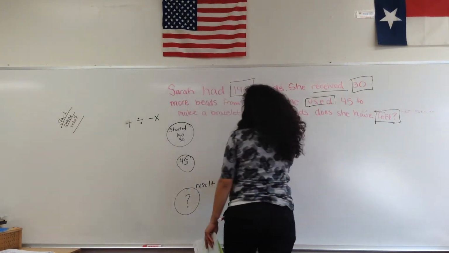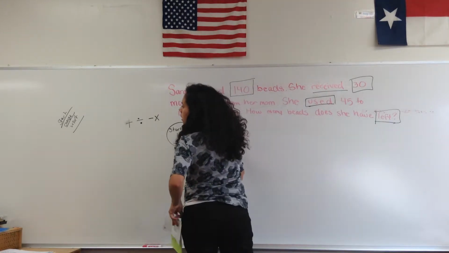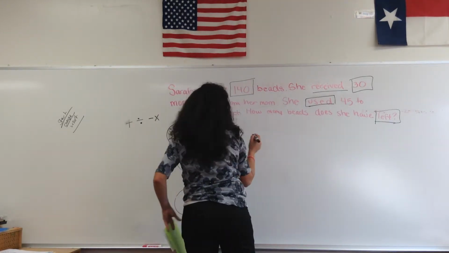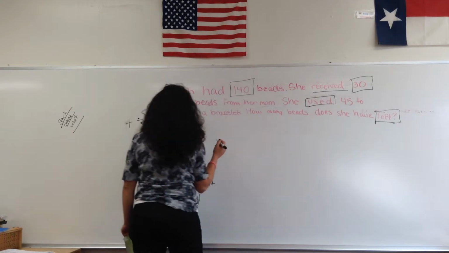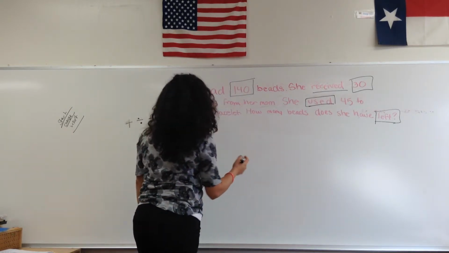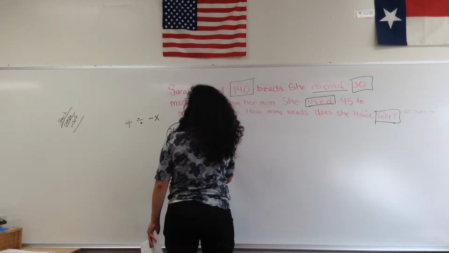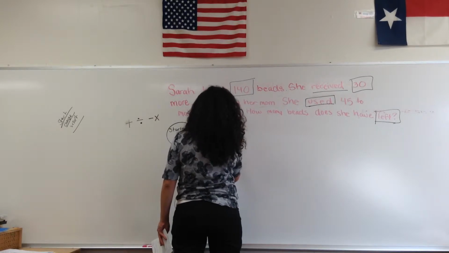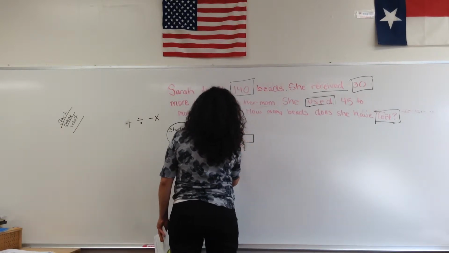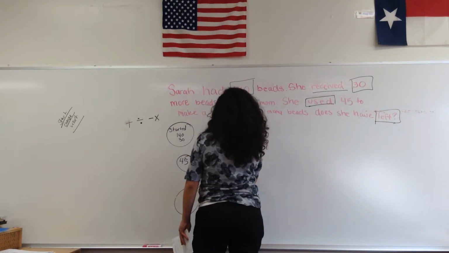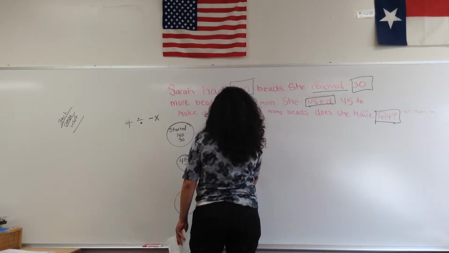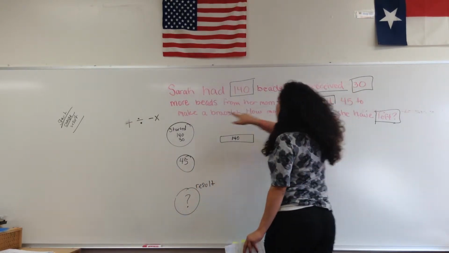So let's use our area model to figure out how many does she have. So she had 140. And she had 30 more beads.